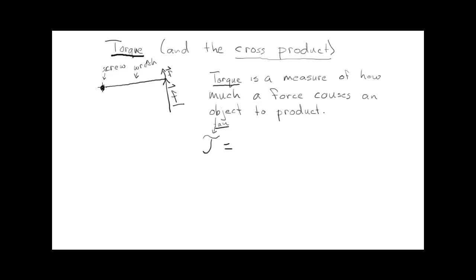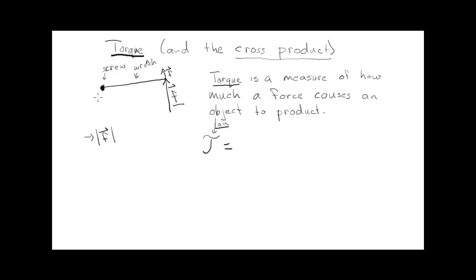Okay, so think about torque as a measure of how much this thing is going to rotate. Well, you can sort of think about what's going to cause this to rotate. Well, the force, right? So the bigger the magnitude of the force, the greater the tendency for this to rotate.